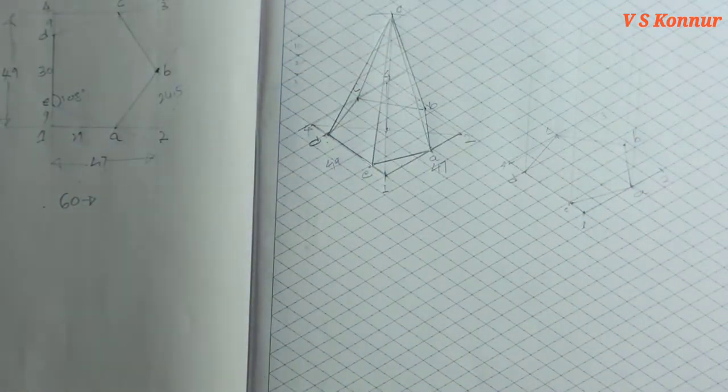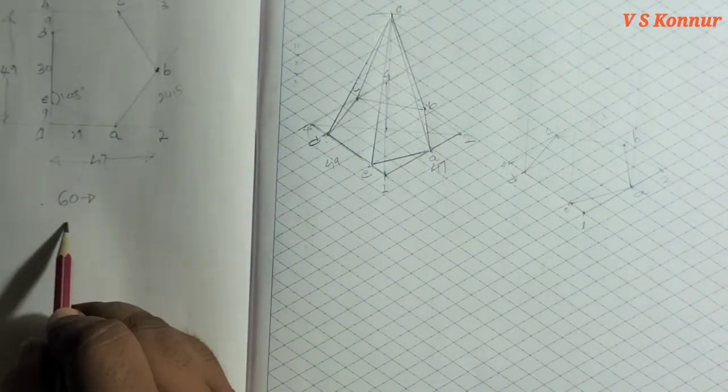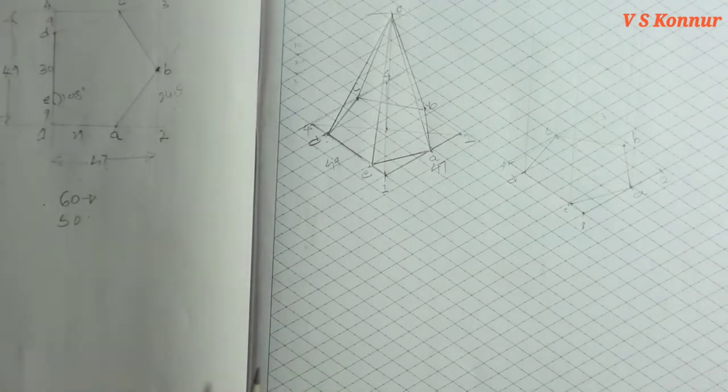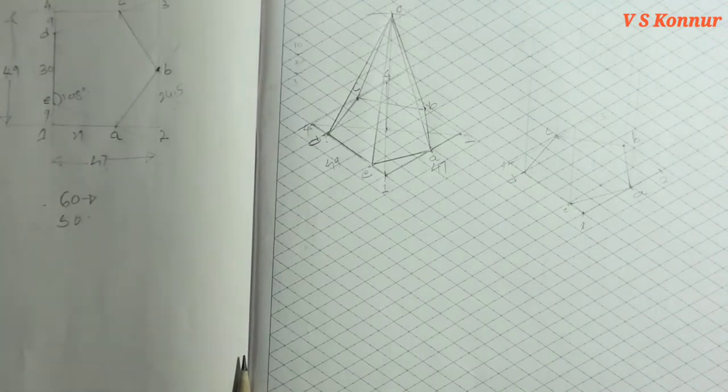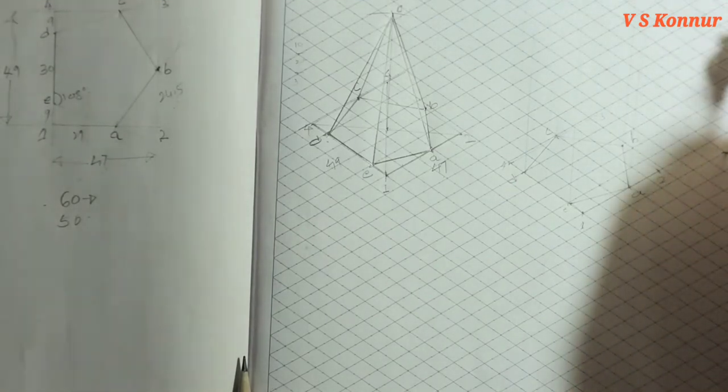After taking 90 degree, the height you can take 50 millimeter. So 50 mm height will be considered from the divider. Already I told how to take the height. So from this point 50. So this I will mark 1, 2, 3, 4, 5. 50 means here. From this to the distance you have to take 50.